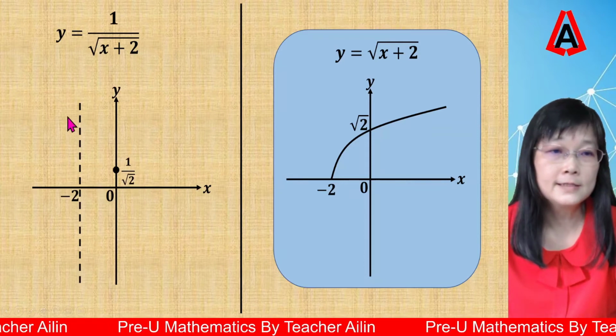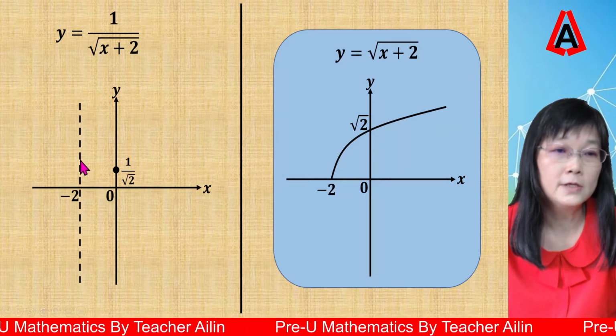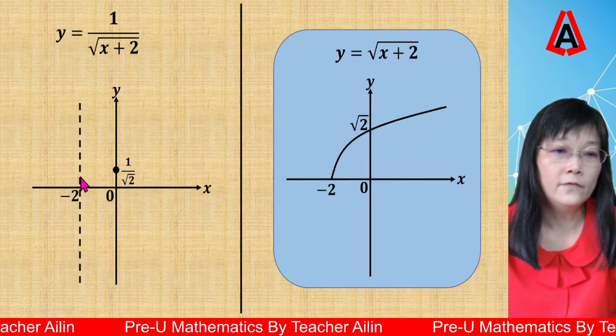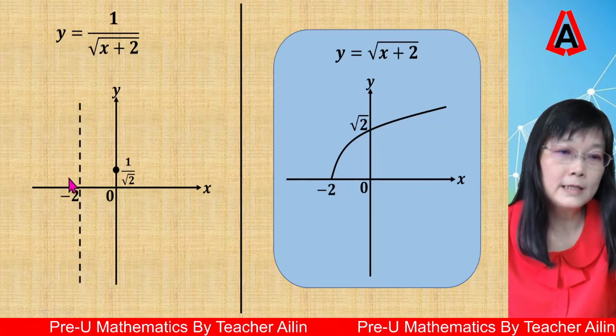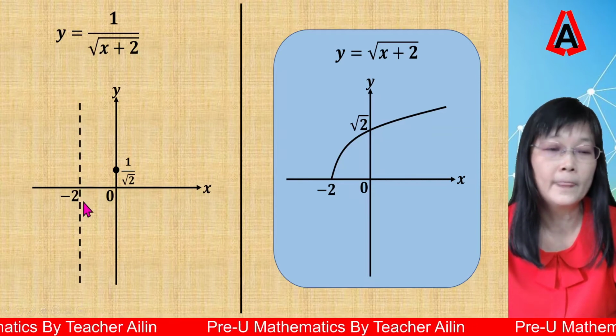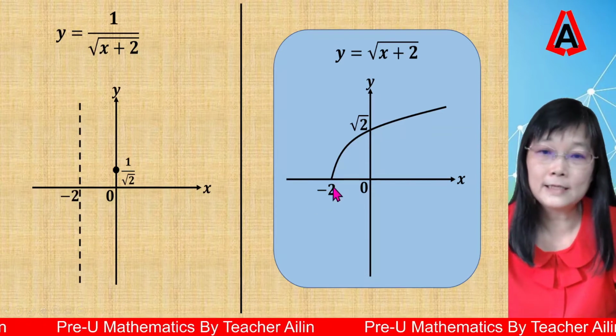Then after that, since this reciprocal function has a vertical asymptote, we must consider what is the value of y for the point which is slightly less than negative 2 and slightly greater than negative 2. So now for x slightly less than negative 2.